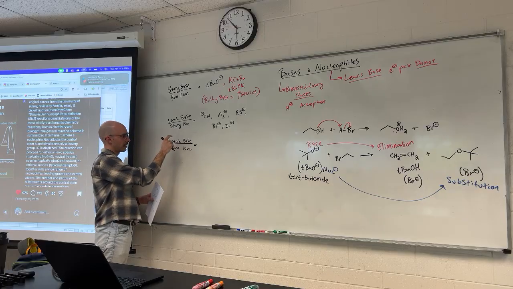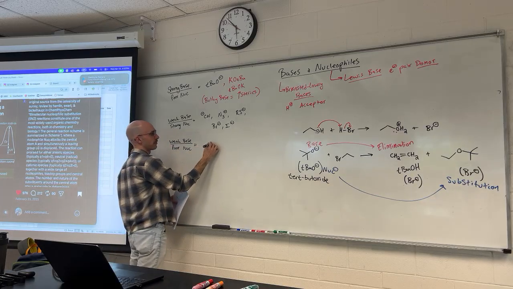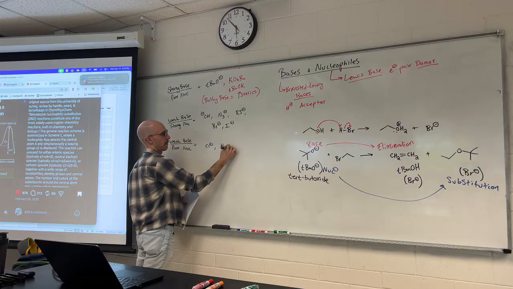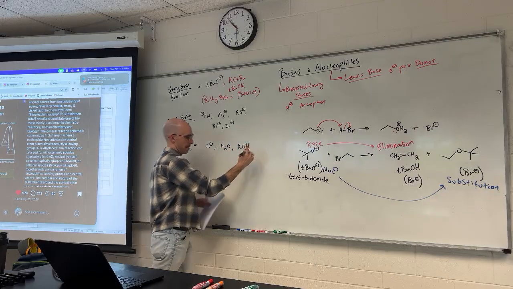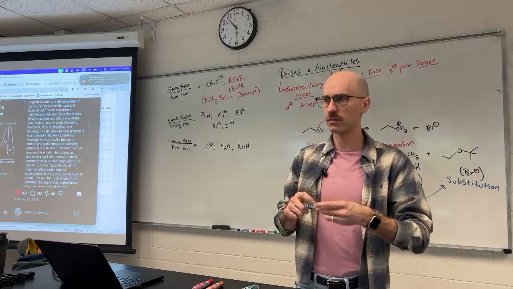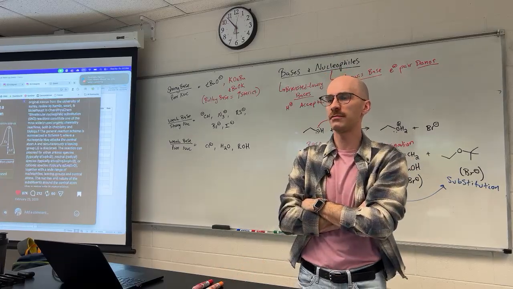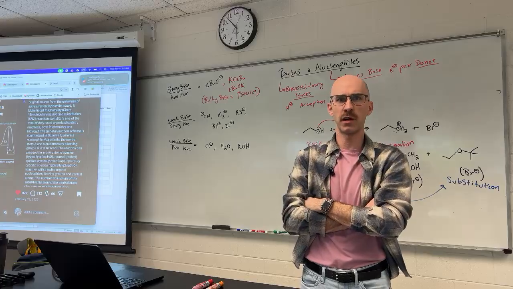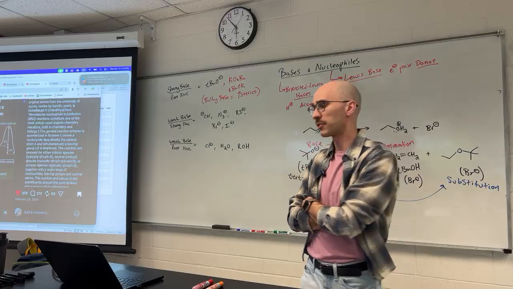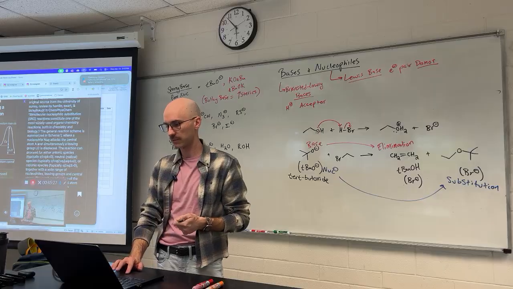These are things that are not good at being bases, but also not that good at being nucleophiles. Chloride, water, and alcohol. If you want it to take a hydrogen, it's not going to do that very well. If you want it to bond to a carbon, it's not going to do that very well.